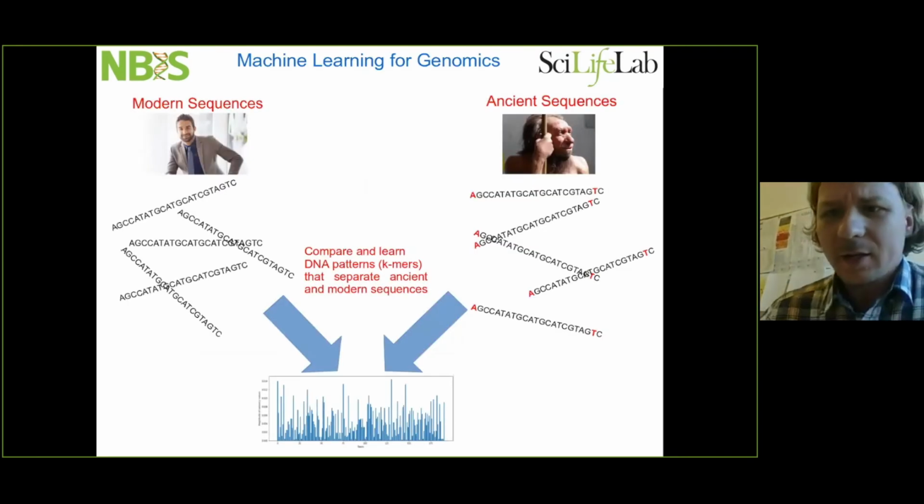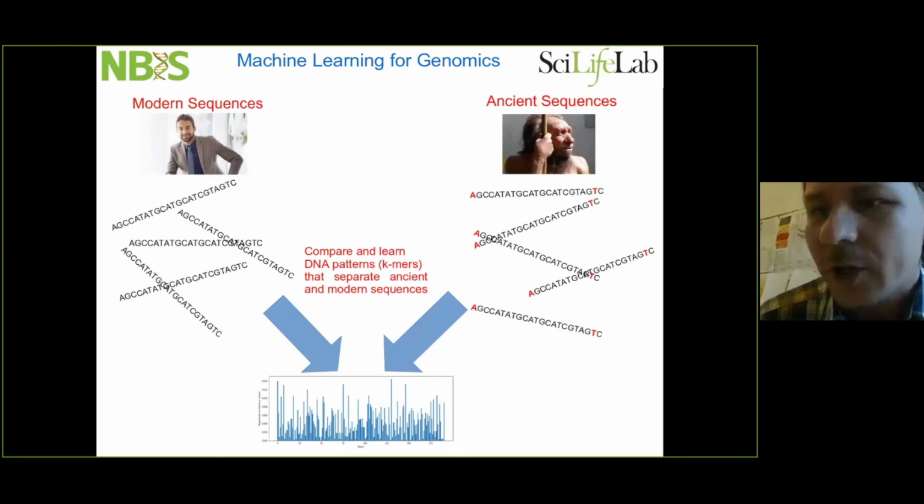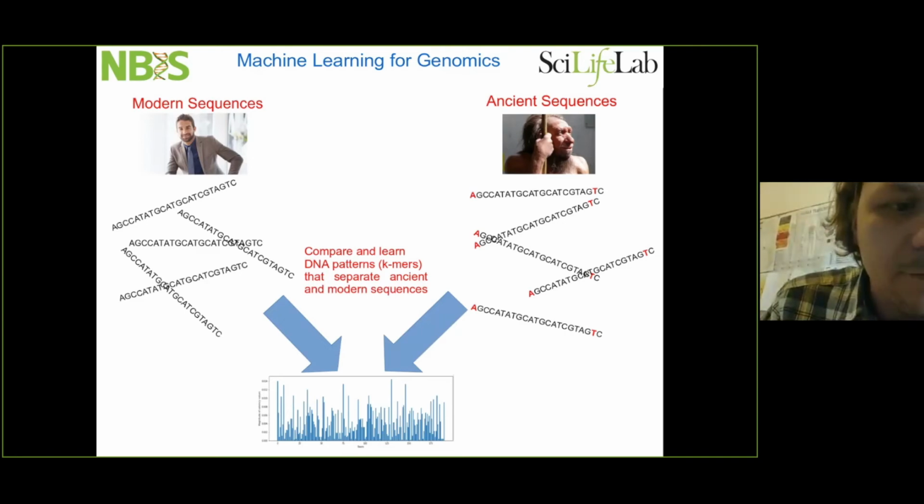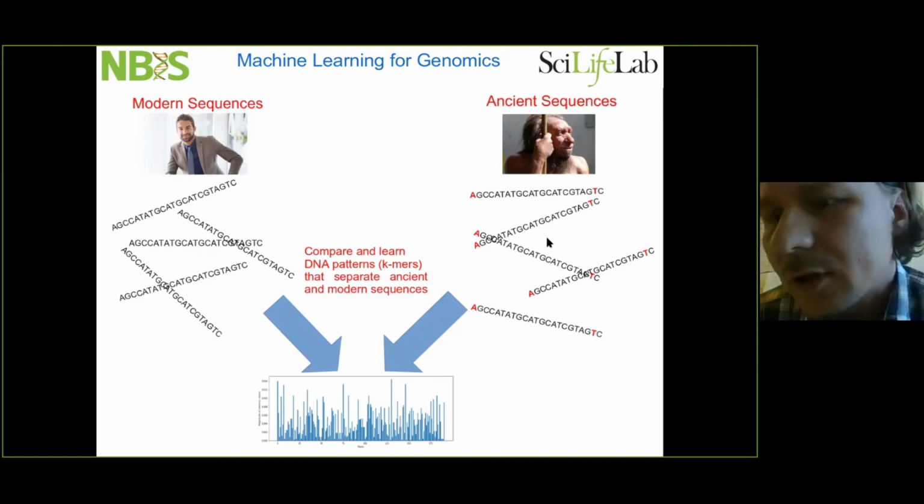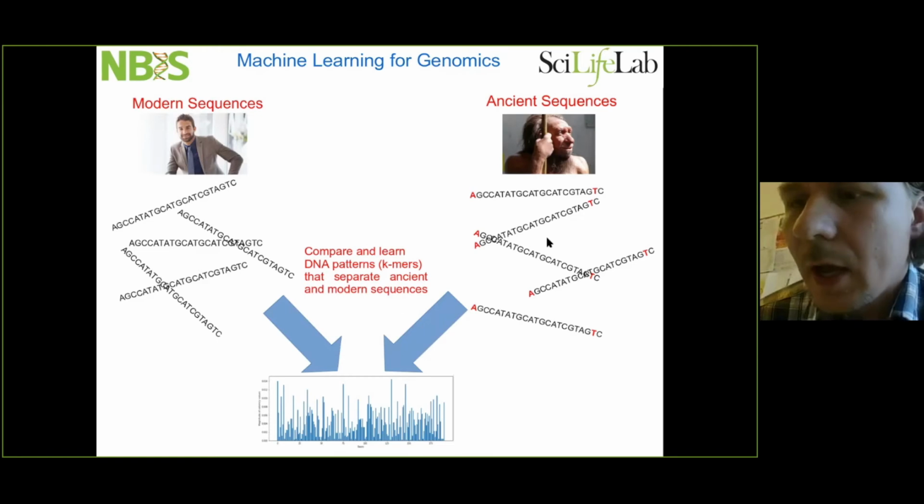Here is an illustration of how you can use this approach in real world ancient DNA research. If you have sequences from a modern individual and sequences from an ancient individual, they are a little bit different.